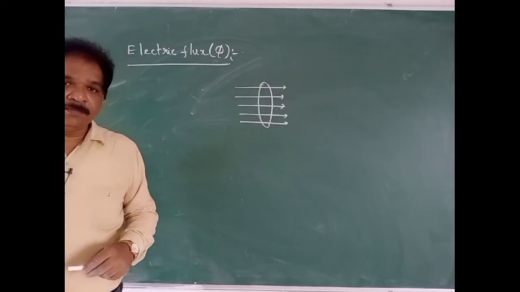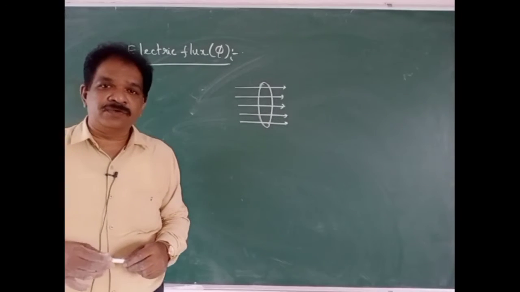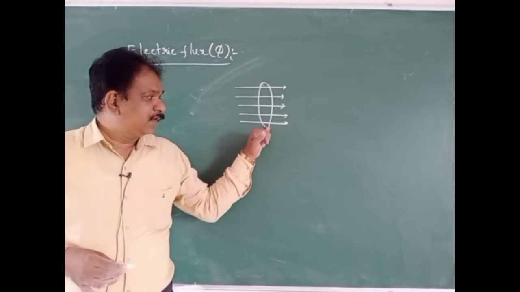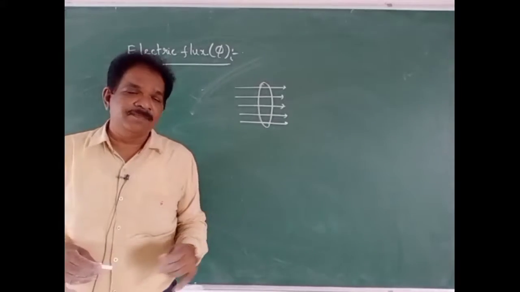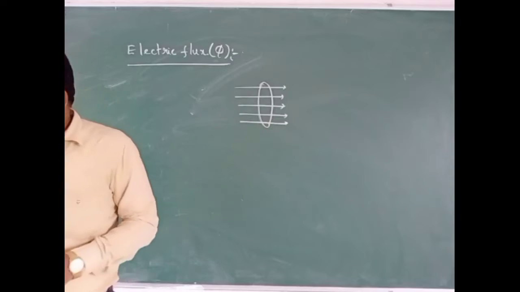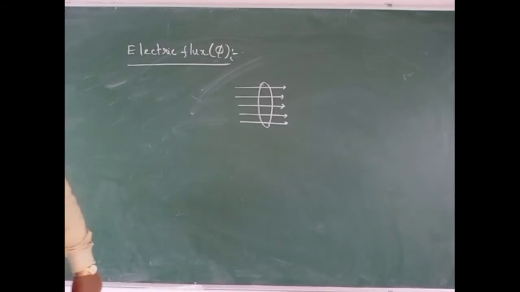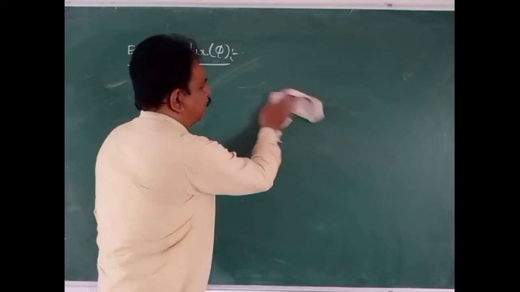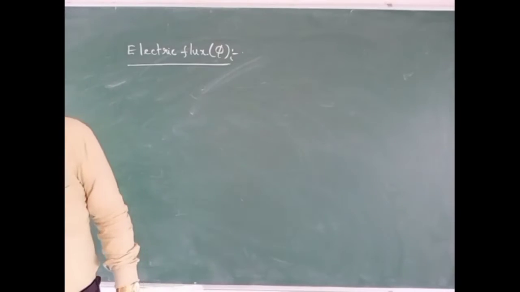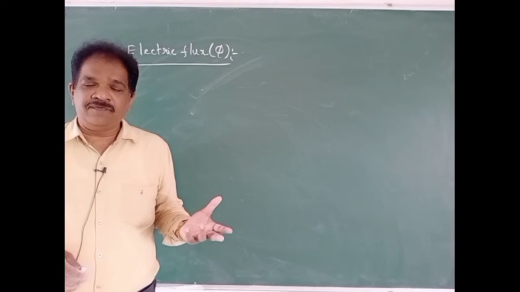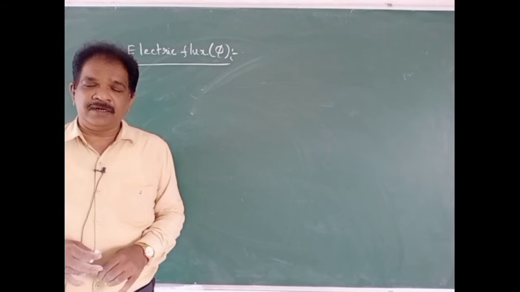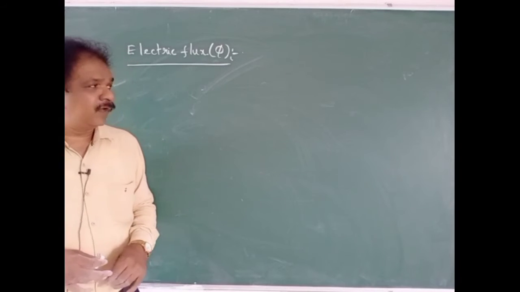That number of electrical lines of force traveling will be considered as the electrical flux. So we define it as: the number of electric lines of force traveling normal to the area of cross section of a material is called electric flux.